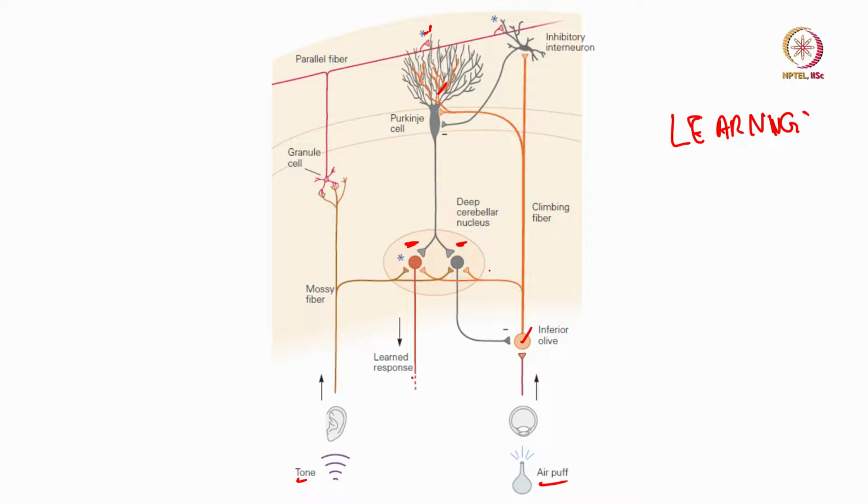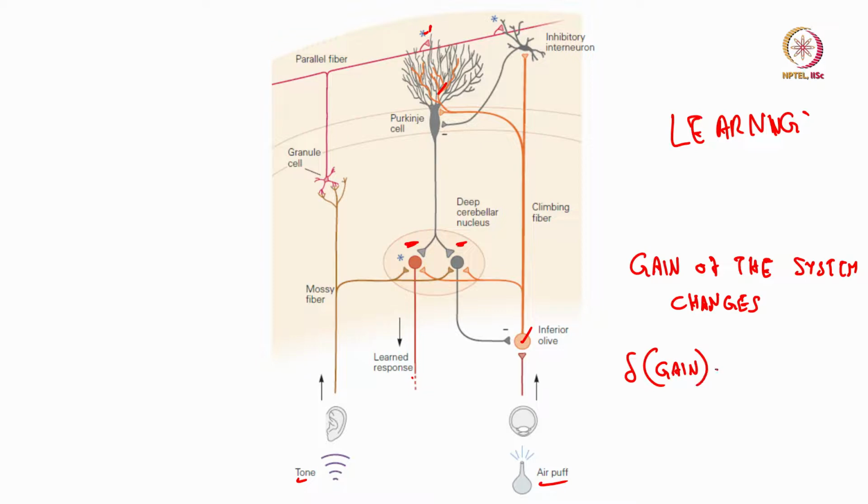So, after a certain level of stimulation through these pathways, the gain of this system changes. And that is learning in the cerebellum.